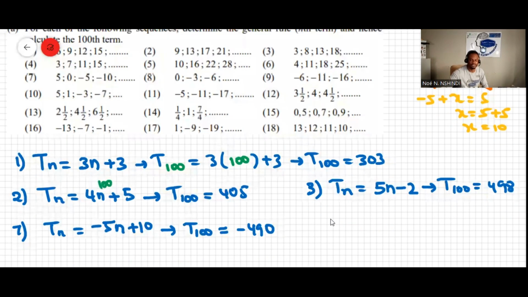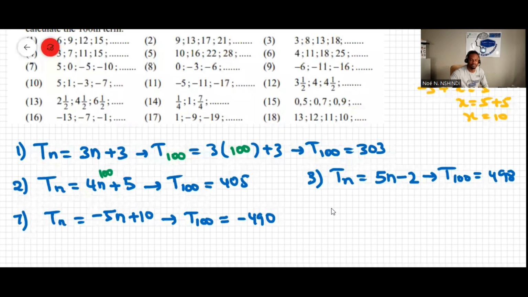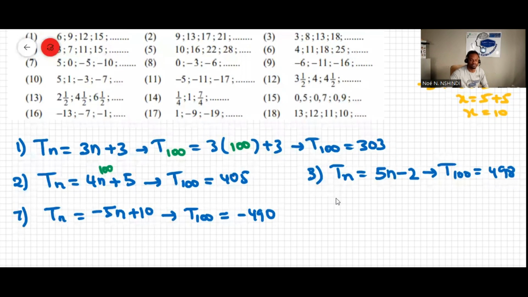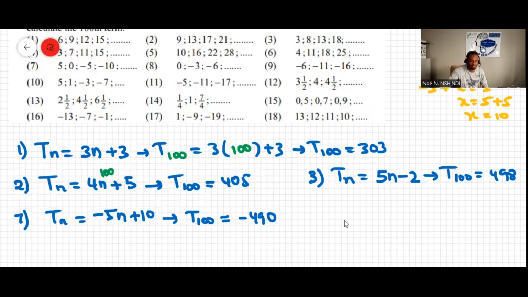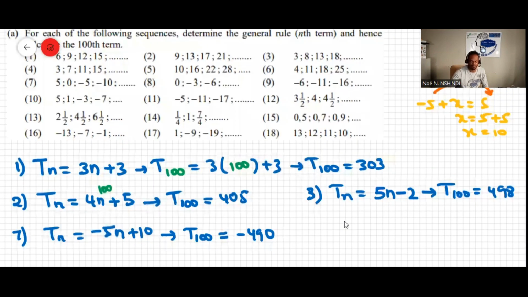Question 4 is the same way as question 3. I said 5 and 6 will be similar, or yes, we may just do all of them. In question 4, we have 3, 7, 11, 15.